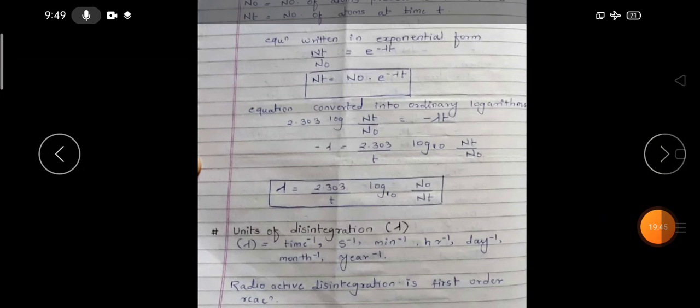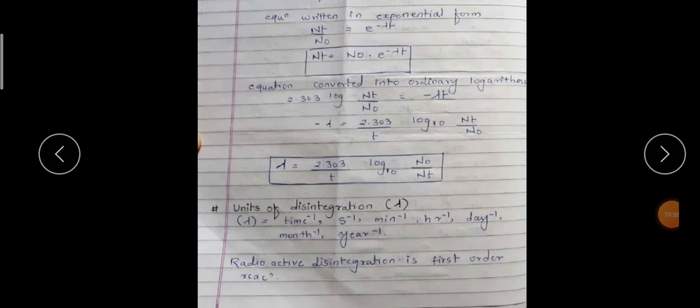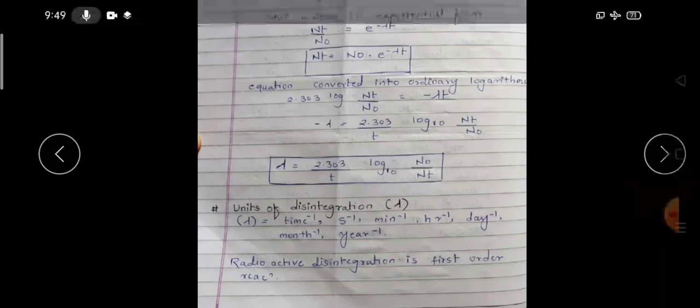It may be per second, per minute, per hour, per day, per month, per year, and so on. Year is the last one. Got this point? Then radioactive disintegration is a first order reaction, that you have to remember always.